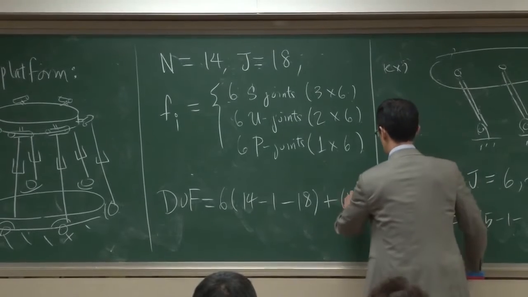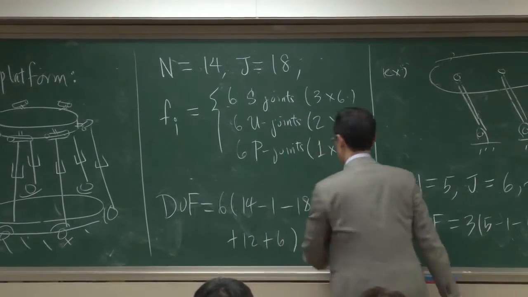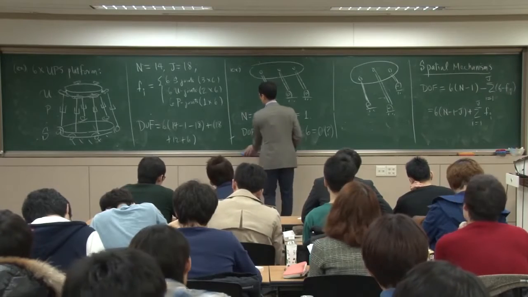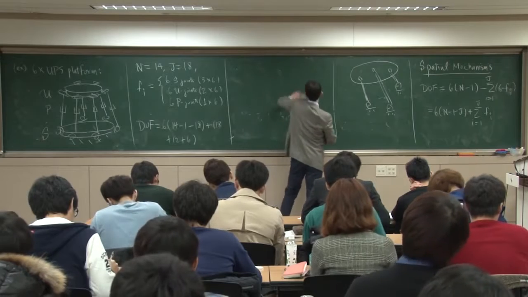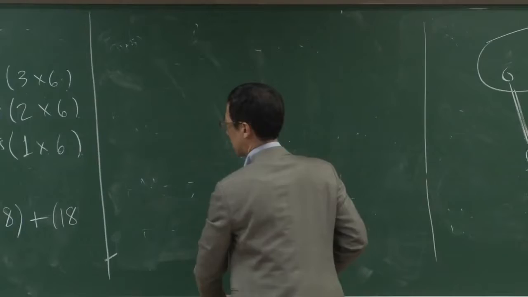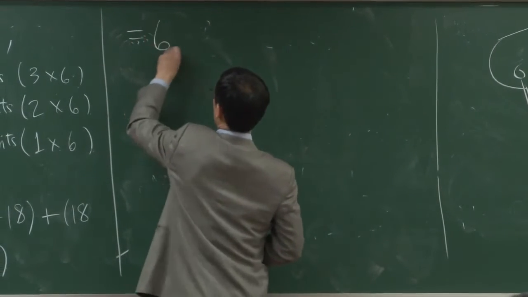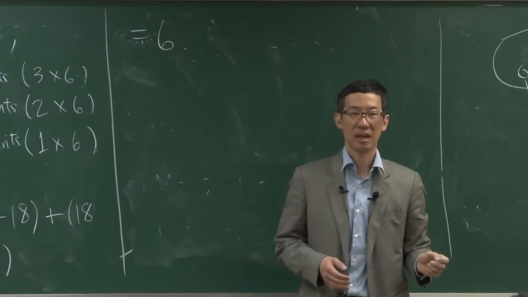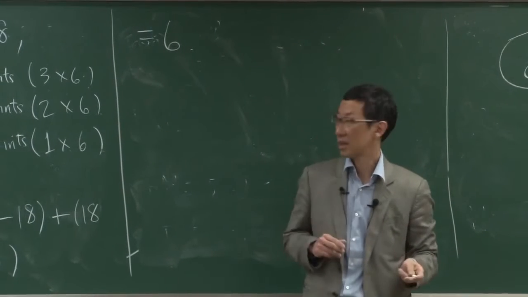If you do the calculation, it comes out to 6. 6 DOF. So that means you can control 6 joints independently.